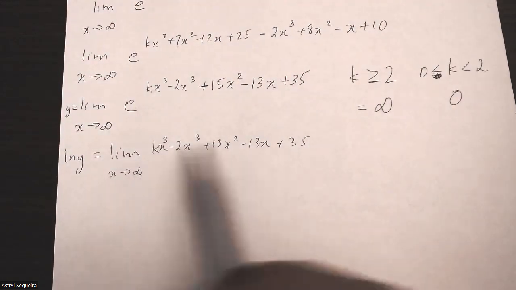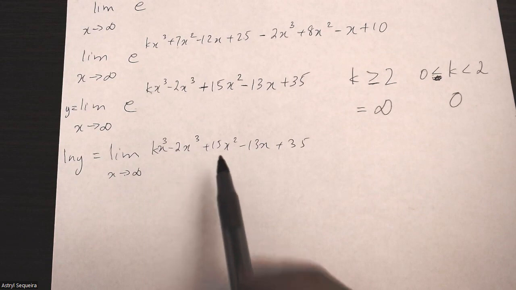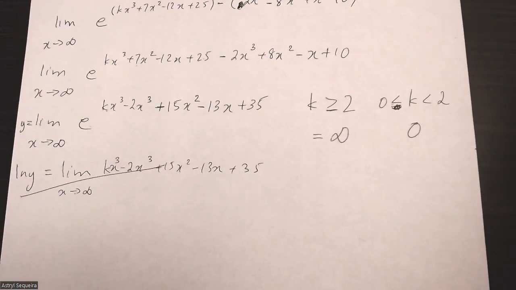And then I can't really solve this anymore. So technically you can't really do it this way. So I would assume that this is the final solution in this question.